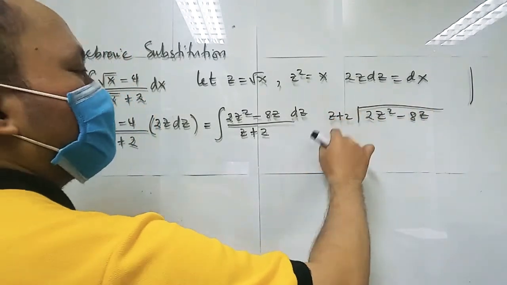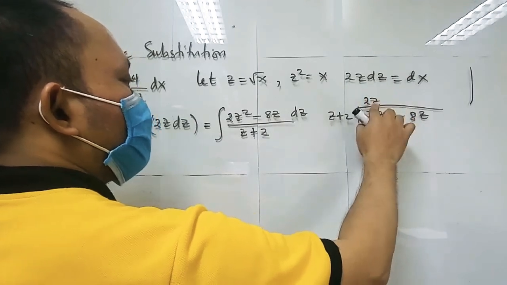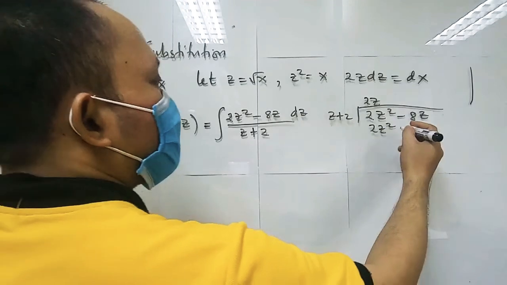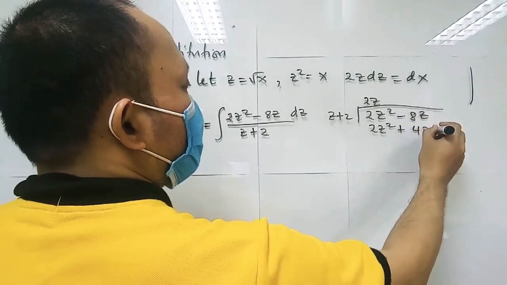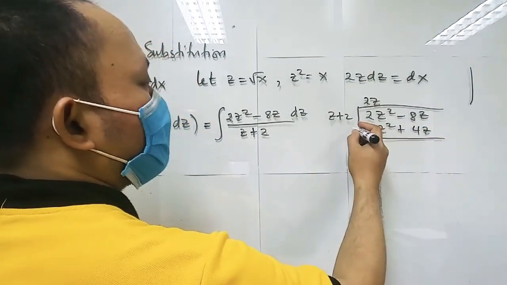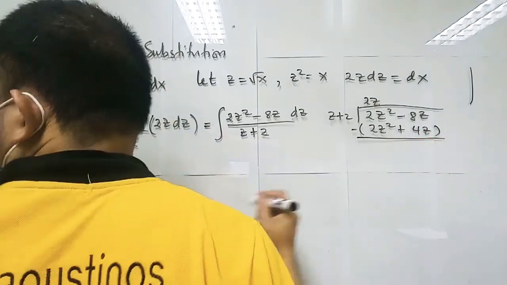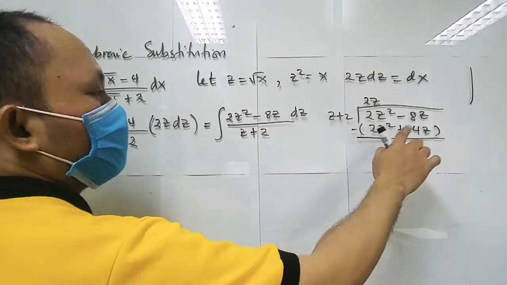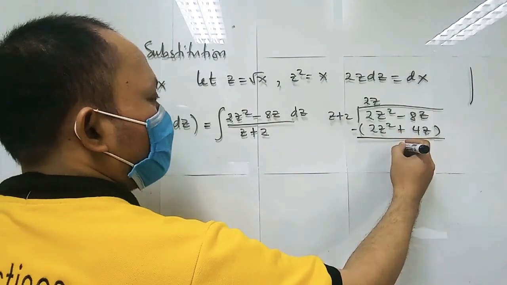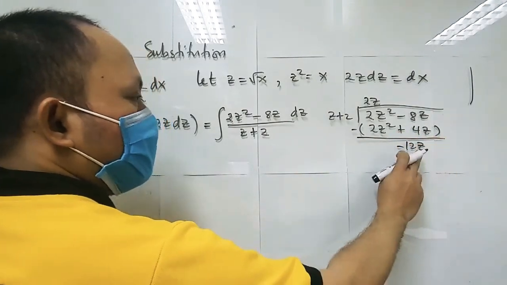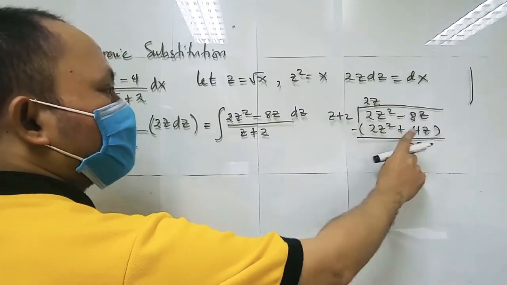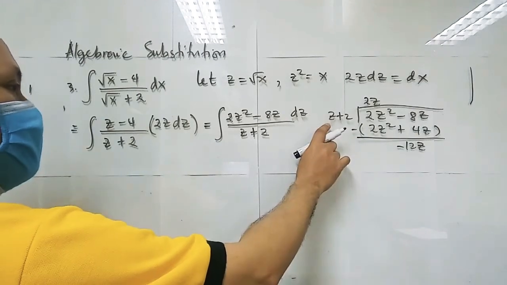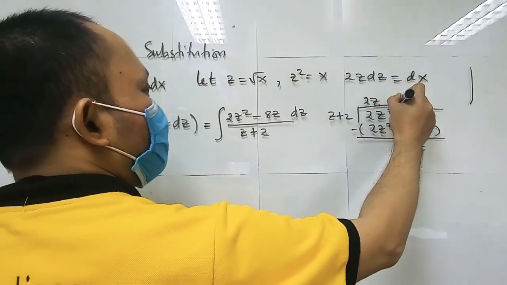If we divide 2z squared minus 8z by z plus 2, 2z squared divided by z is 2z. 2z times z is 2z squared. 2z times 2 is 4z. Subtracting this one, we get negative 12z, since negative 8 minus 4 is negative 12z. Negative 12z divided by z equals negative 12.